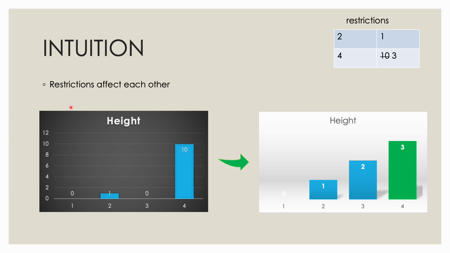The first intuition is that there are restrictions and restrictions can affect each other. How? Let's say I have been given a restriction that the height of building 2 will be less than or equal to 1. Right? So we've marked that here. Then my next restriction says that the height of building 4 is 10 initially.